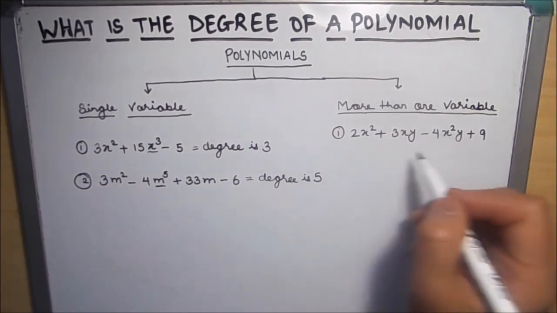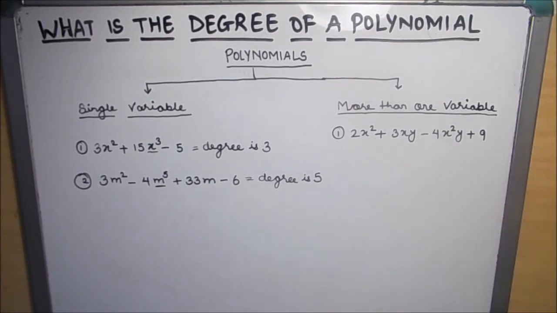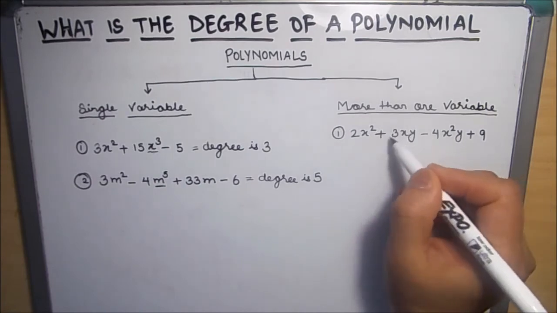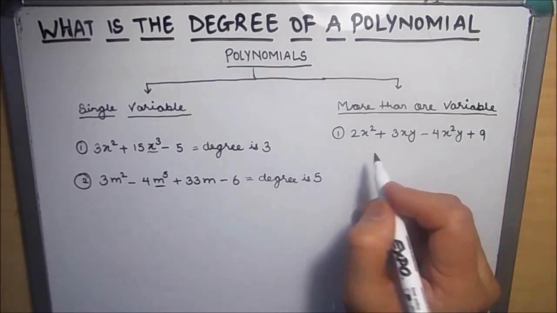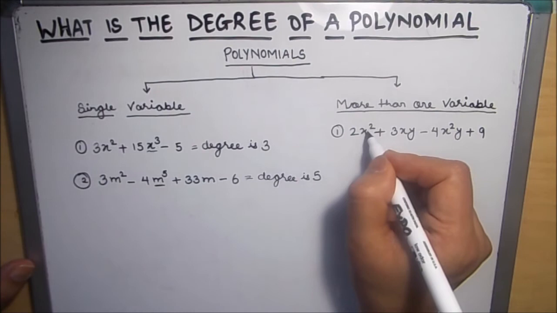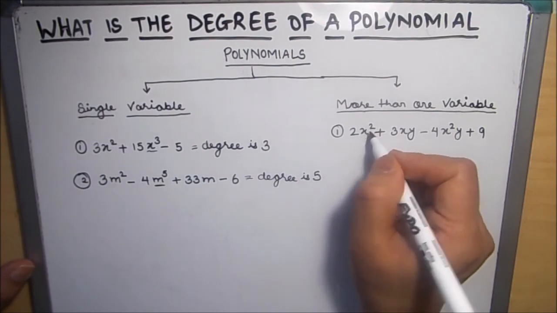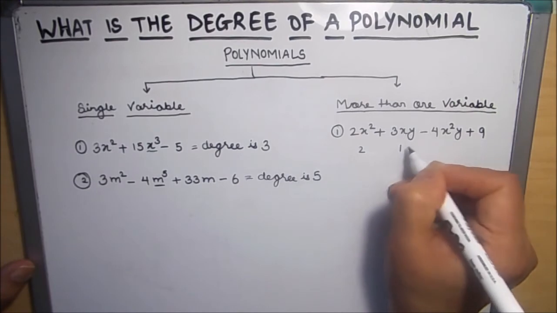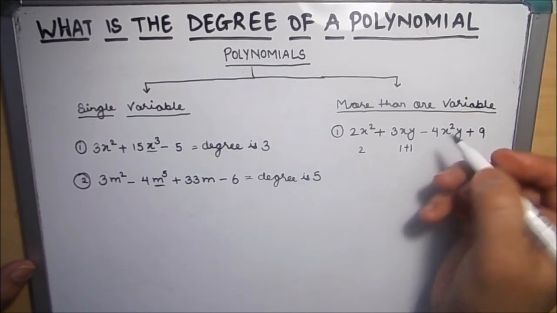So to find the degree of this polynomial, we need to add the degrees of the variables in a single term. For example, the power of the variable in the first monomial, the first term, is 2. Here the power of x is 1 and y is 1, so we need to add to get the degree of this term.